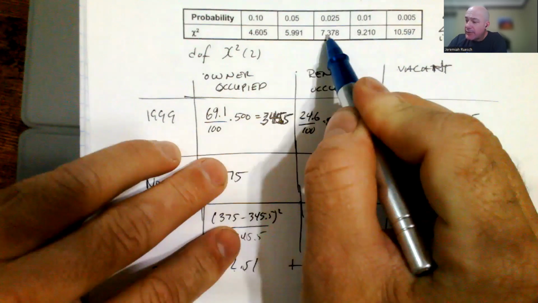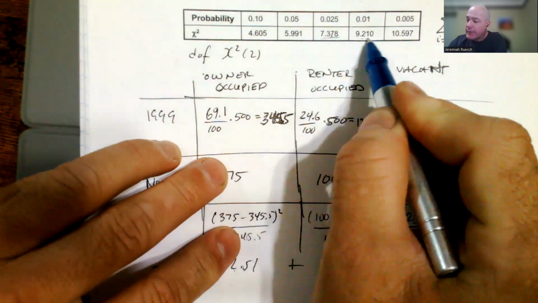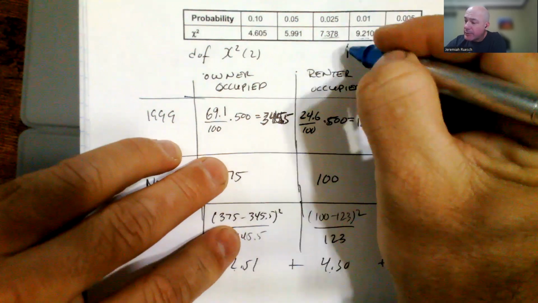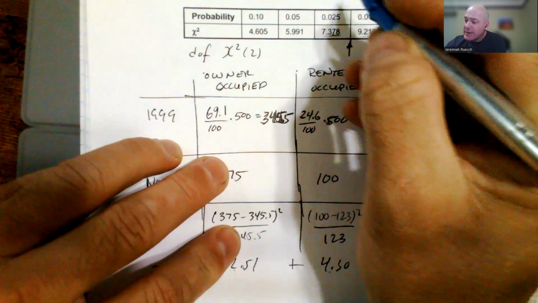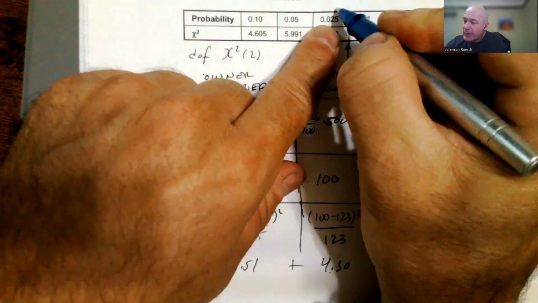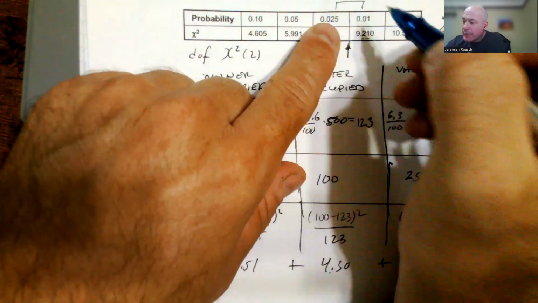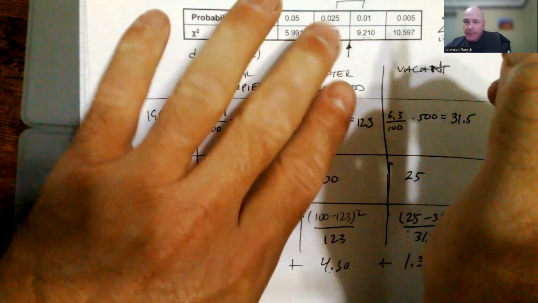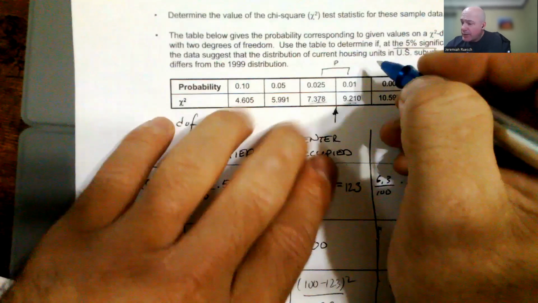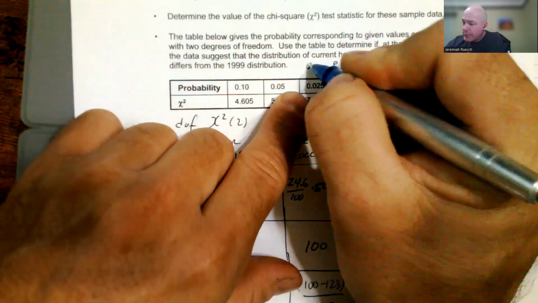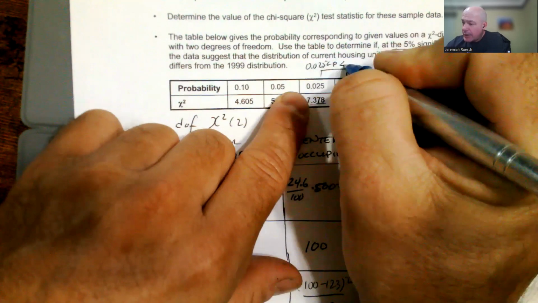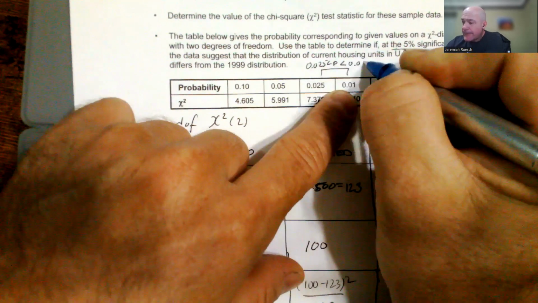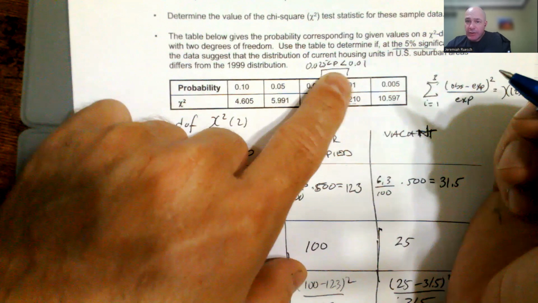It's bigger than this, but it's smaller than this. So our chi-squared value is somewhere in here, which means that our p-value is somewhere in between these values. So our p-value is between 0.025 and 0.01. Okay, so that's our p-value. It's somewhere in between those.